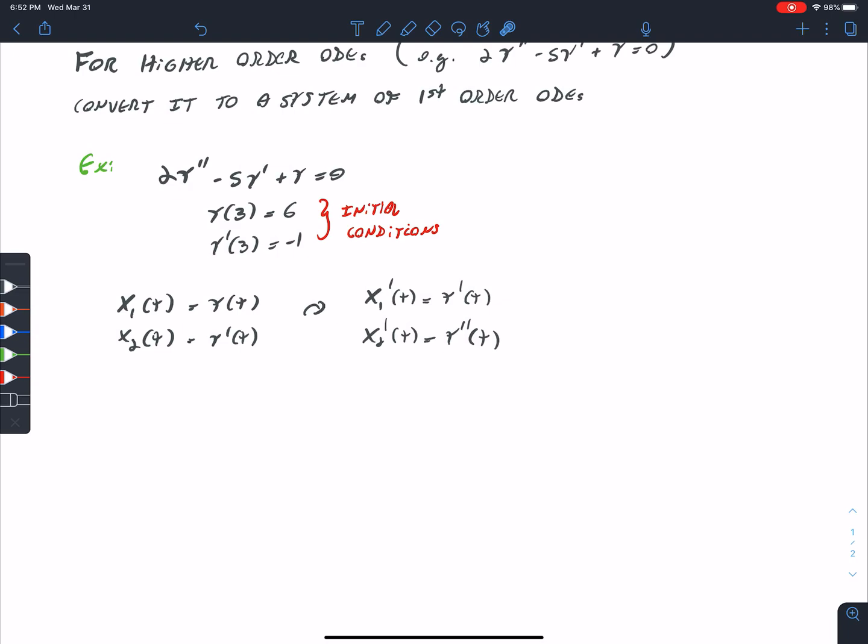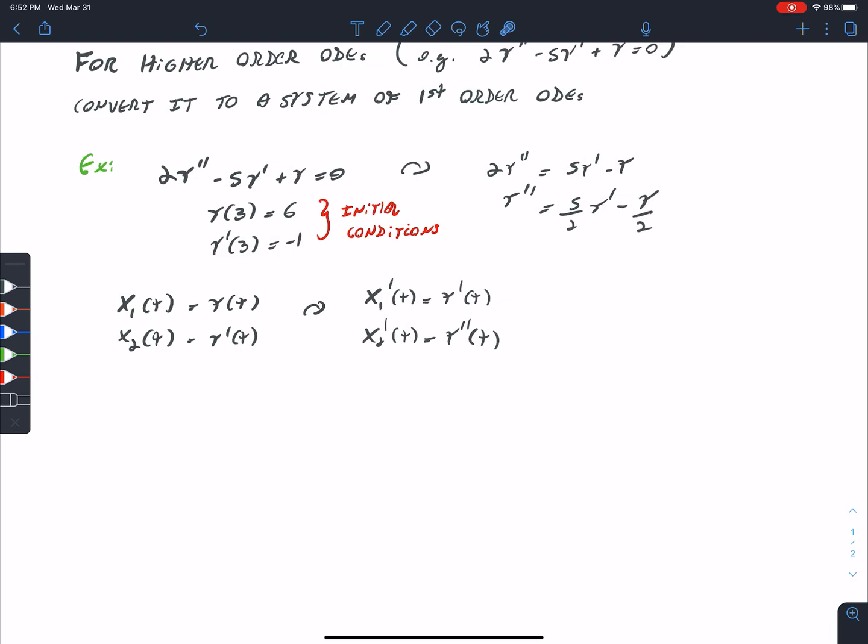So, for example, we can take this equation here and rewrite it slightly so that 2y double prime equals 5y prime minus y, right? And we can divide both sides by 2, so y double prime is going to be 5 over 2 y prime minus y over 2.